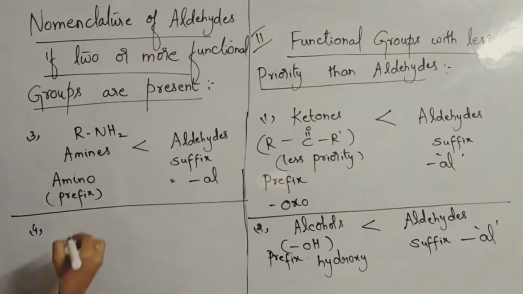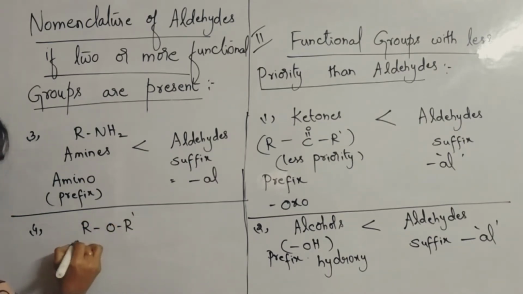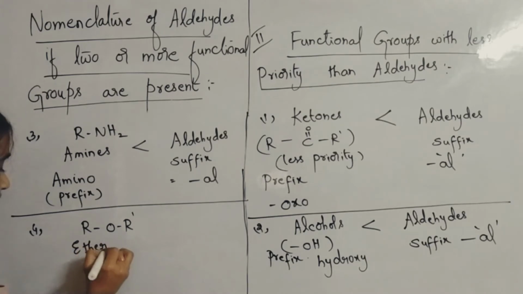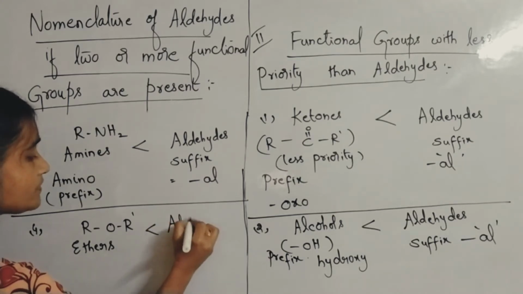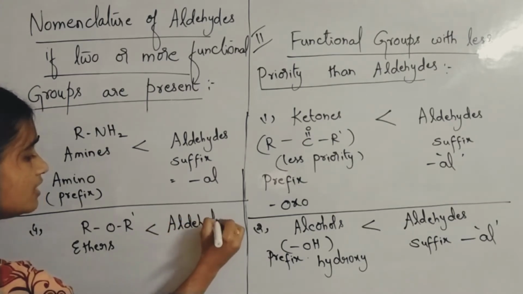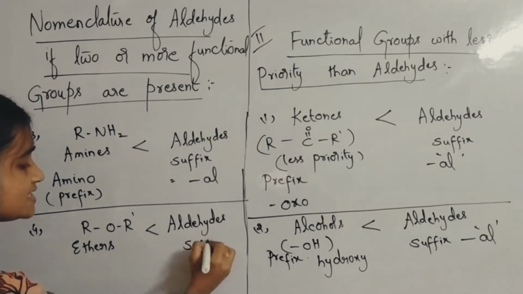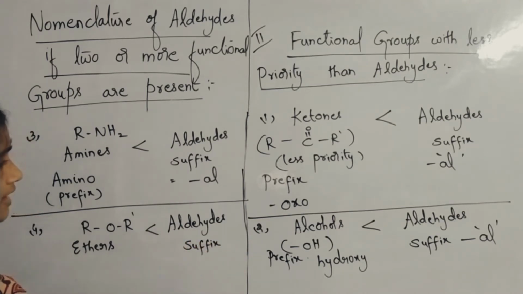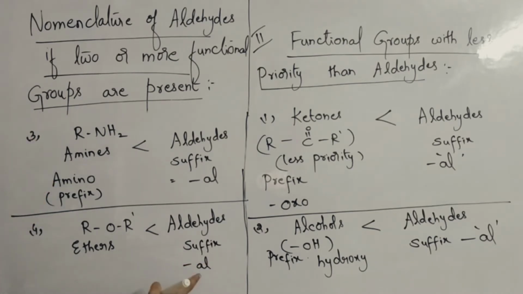Ethers. If ROR dash are there, you call such compounds ethers. Ethers are having less priority than aldehydes. In such case, you will give suffix for aldehydes, so you will use the word al for aldehydes as a suffix, and for ethers, what will be the prefix?